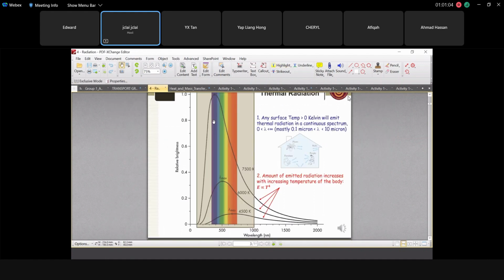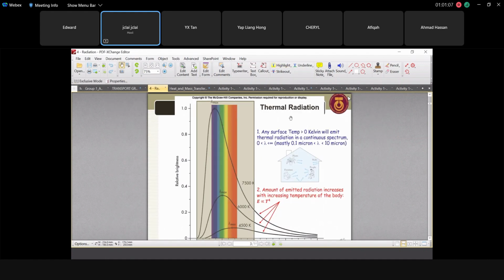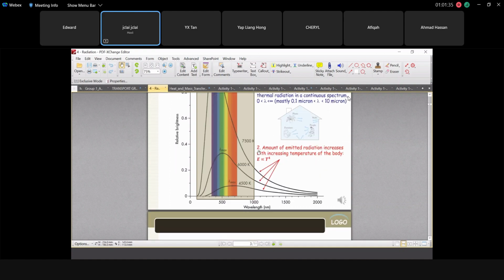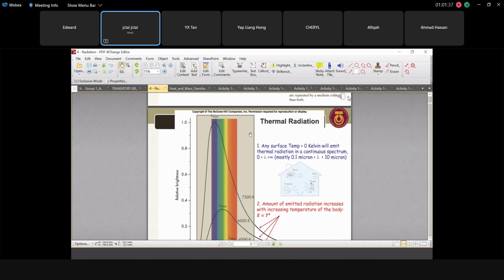The correct theory is, any surface above 0 Kelvin will emit thermal radiation in a continuous spectrum. But mostly the thermal radiation is between 0.1 micron and 10 micron, not only in the infrared region. This is the thermal radiation region.